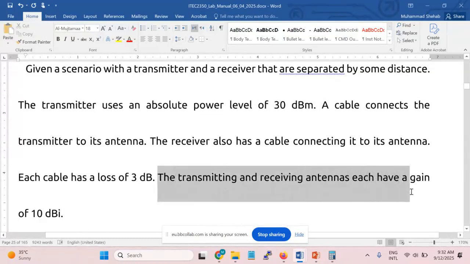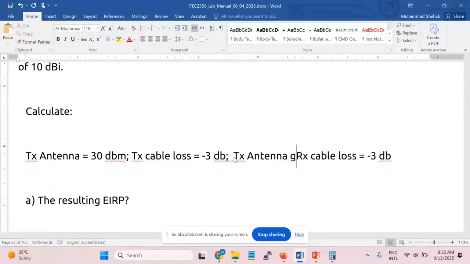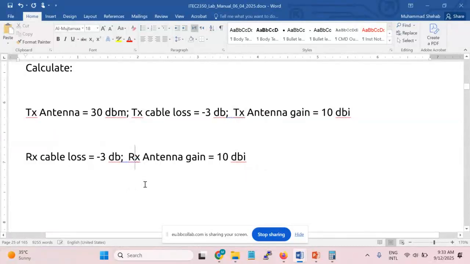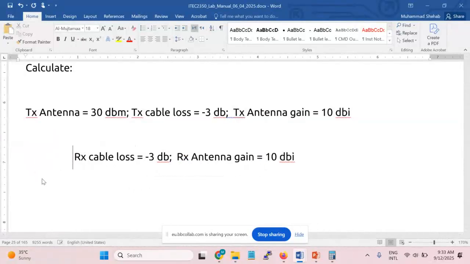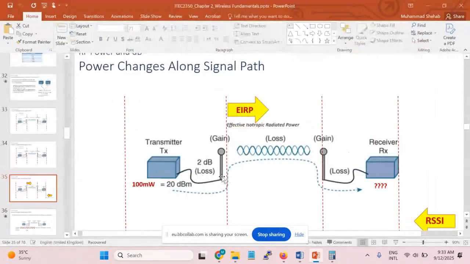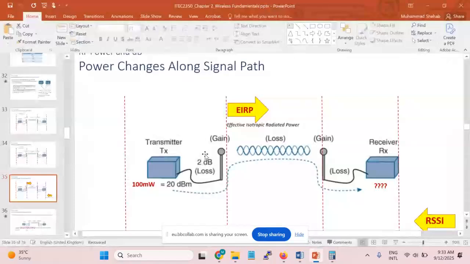The transmitting and receiving antennas have a gain of 10 dBi. So transmitter antenna gain equals 10 dBi, and the receiver antenna gain is also 10 dBi. Both cable losses are minus 3 dB, both antenna gains are 10 dBi, and the transmitter power is 30 dBm.